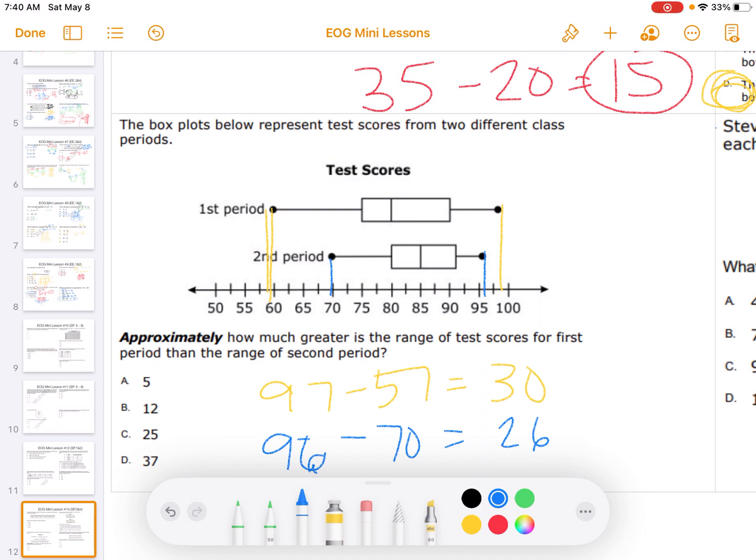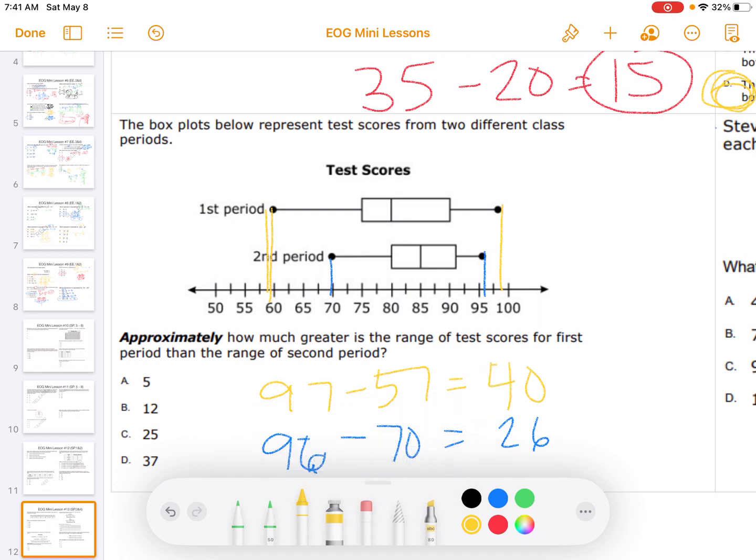Better double check my top one. Oh my gosh, my math isn't right. No wonder it's not working out. It should be 40.